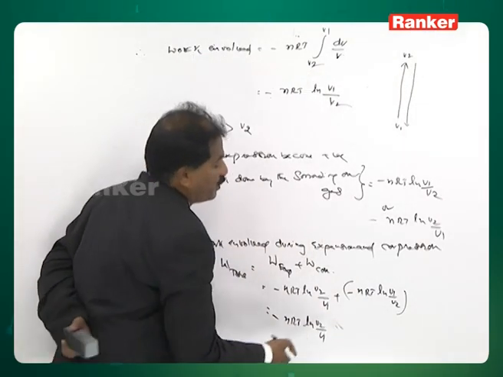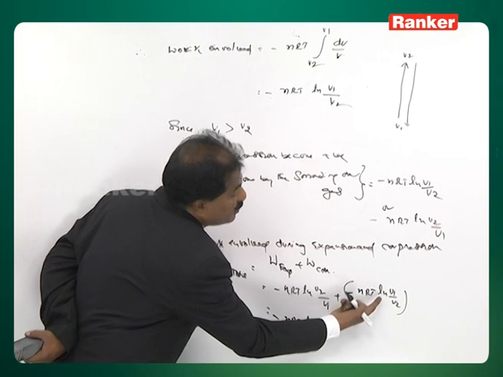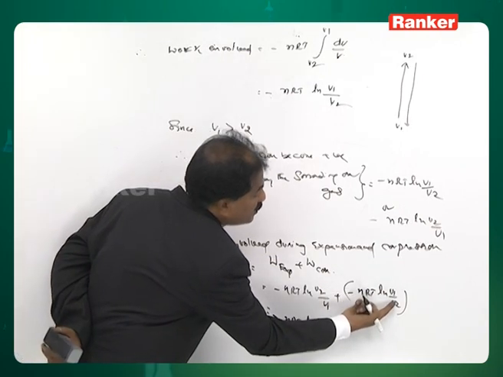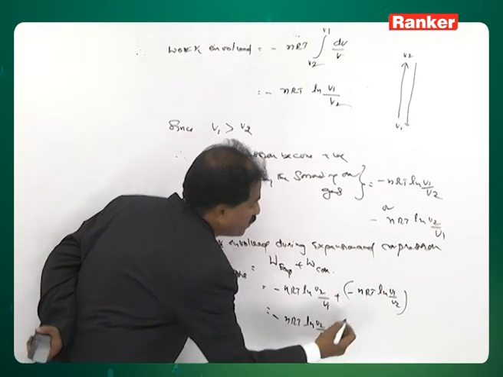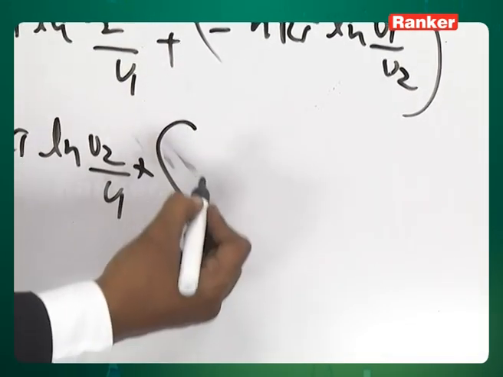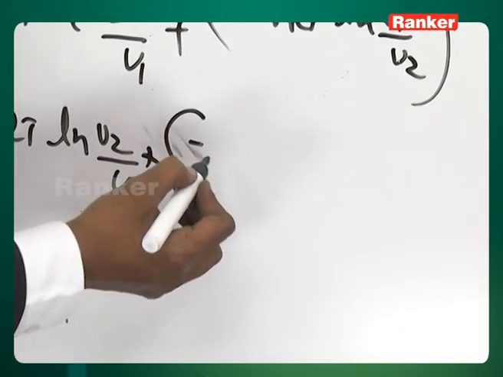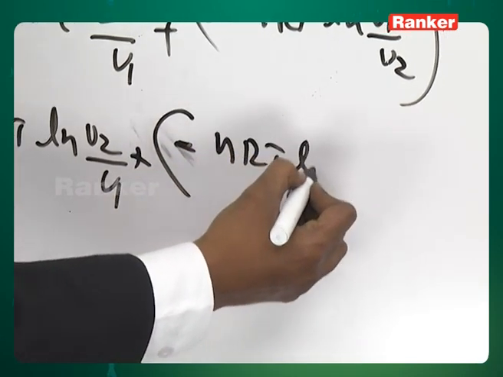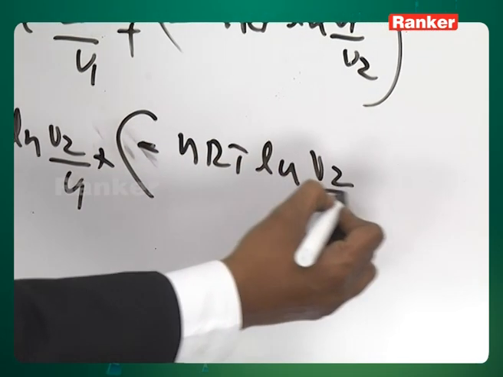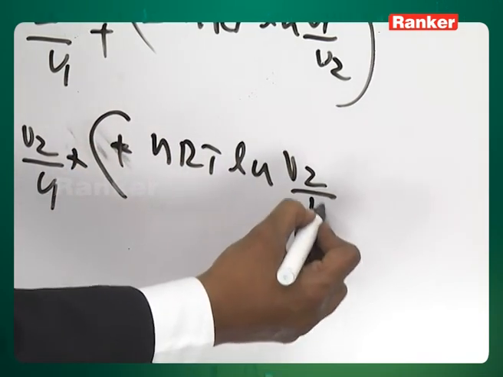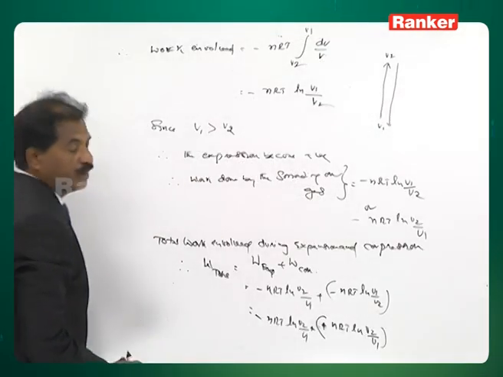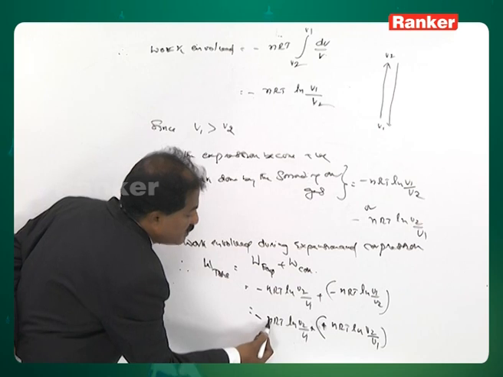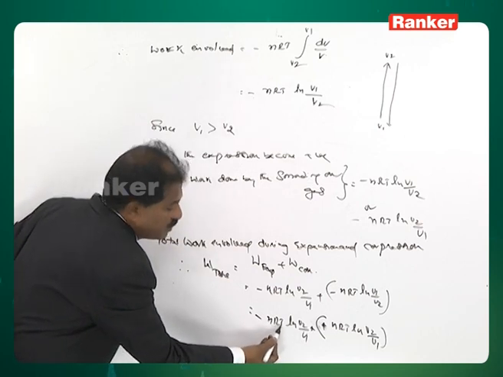If you bring V2 to the numerator, it becomes positive. See, in both these expressions, n is the same, R is the same, T is the same.